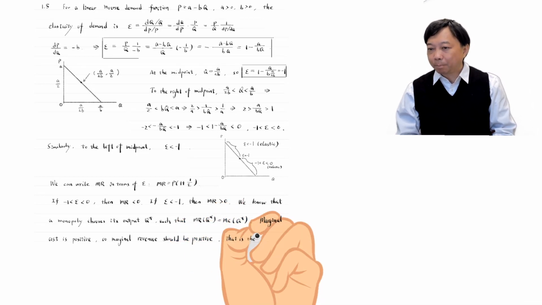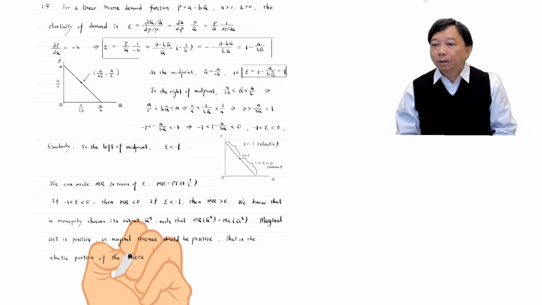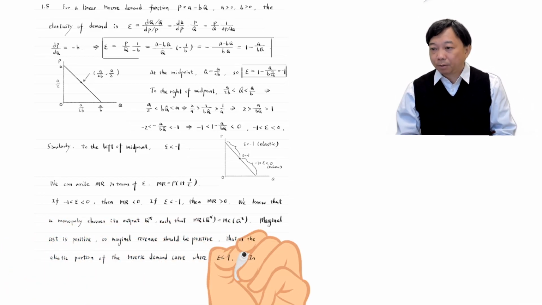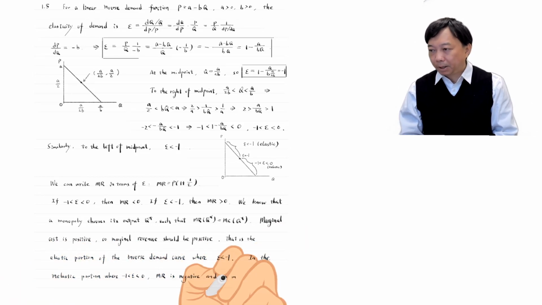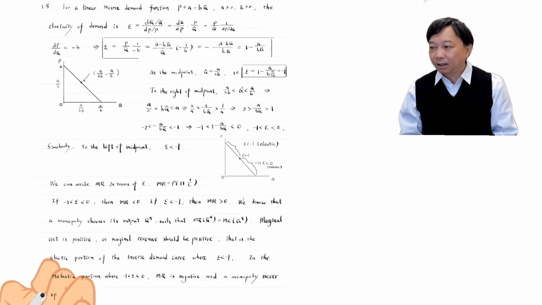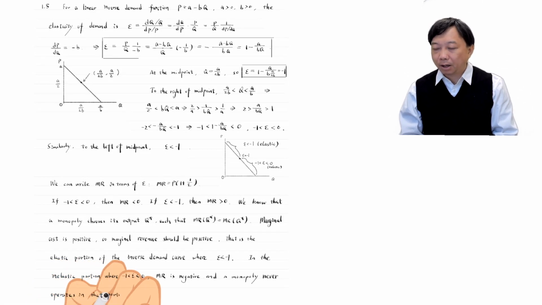In the elastic portion of the demand, the marginal revenue is positive. In the inelastic portion of the demand, the marginal revenue is negative. Therefore, the monopoly will operate in the elastic portion of the demand and never operate in the inelastic portion of the demand.